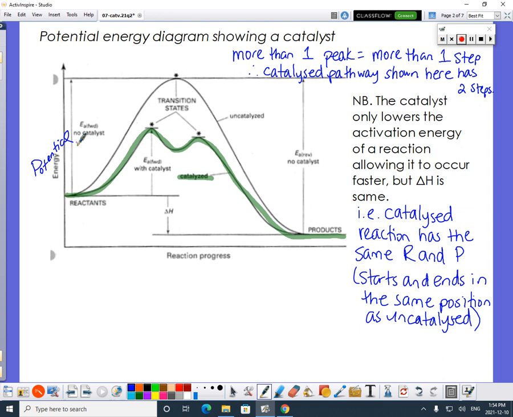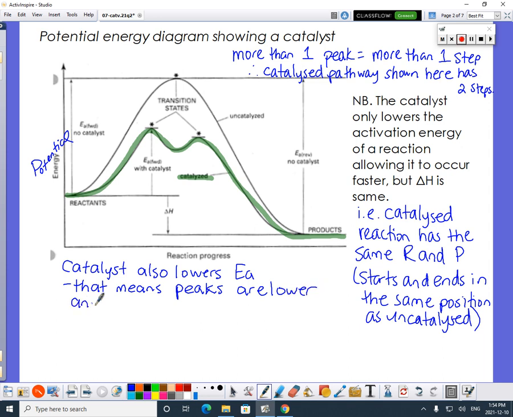If you want to add that in, I might have cut it off. So the peaks are lower and there's more than one.